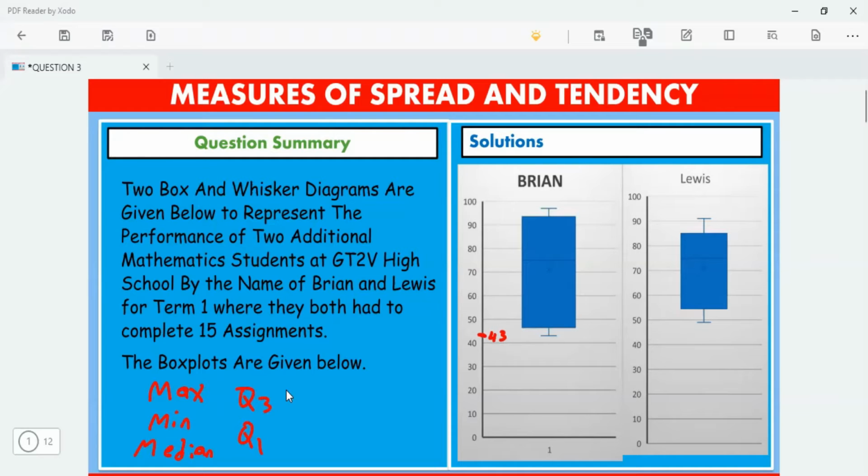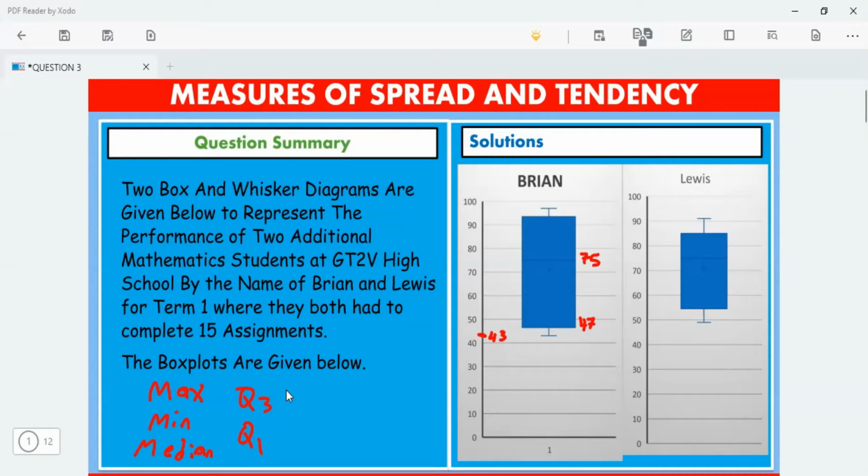This is the lower quartile. I know it's greater than 45 because it's more than halfway, so I'm going to go with 47 for my lower quartile. Going up to here, this is the median. This looks like 75, in between 70 and 80, so I'll go with 75.